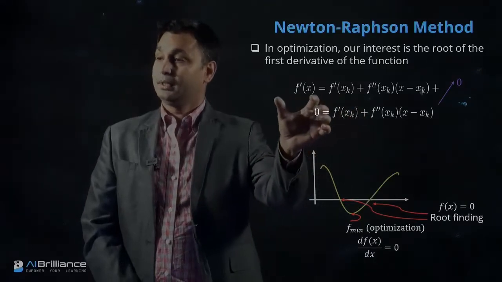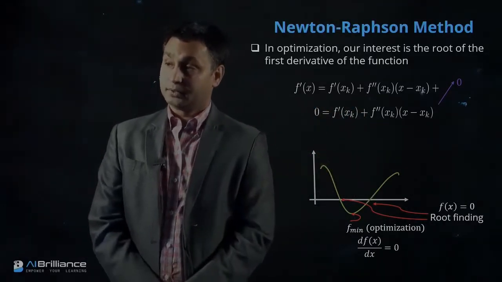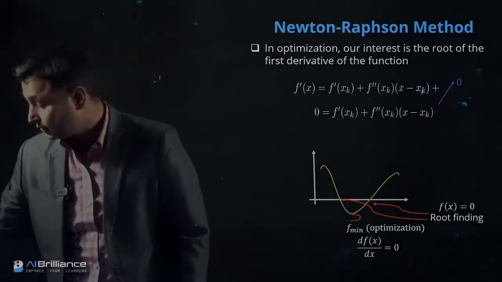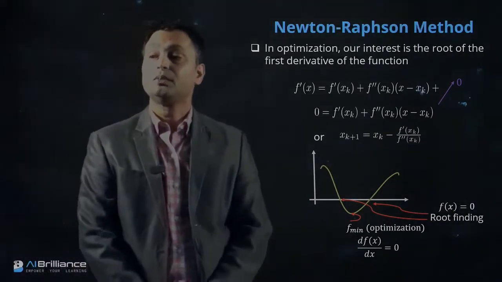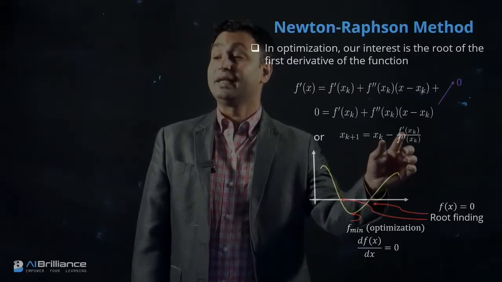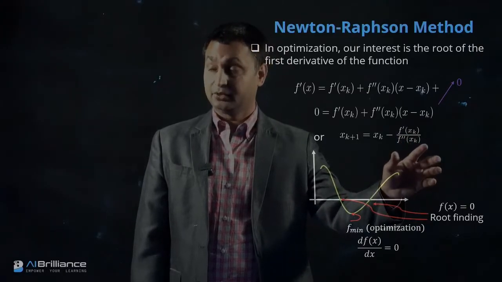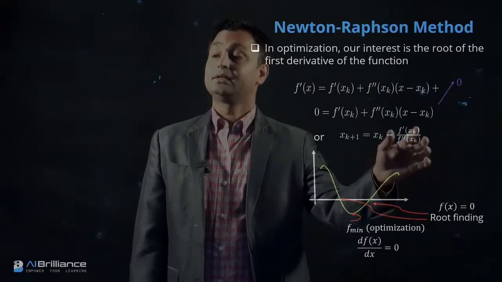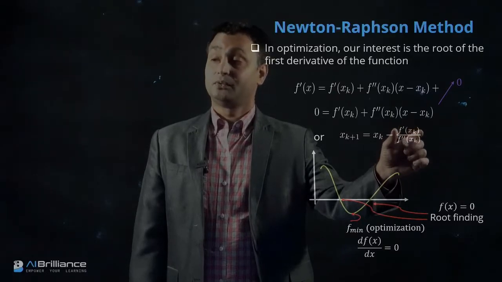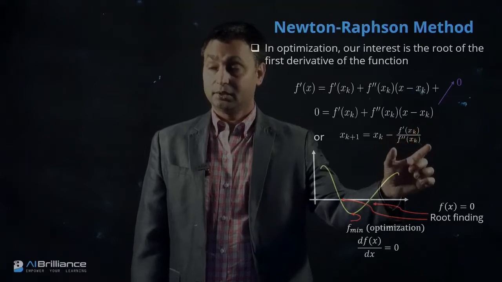So again, f'(x) equal to 0, and from here, similar to what we discussed in the previous slide, we will write this equation. But the equations, as you note, will be slightly different. Here x_{k+1} is equal to x_k minus f'(x_k) divided by f''(x_k), the second derivative at x_k. Compared to the previous root finding for the original function, this portion of the equation is essentially different.